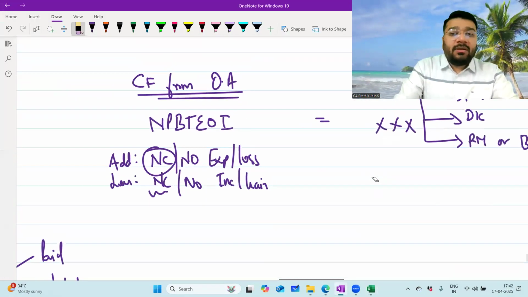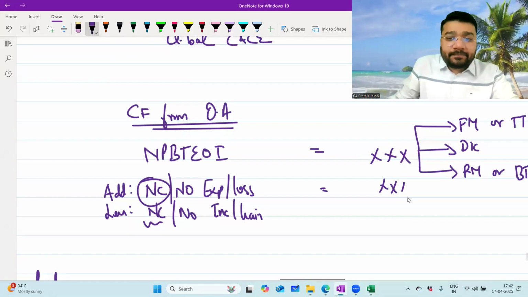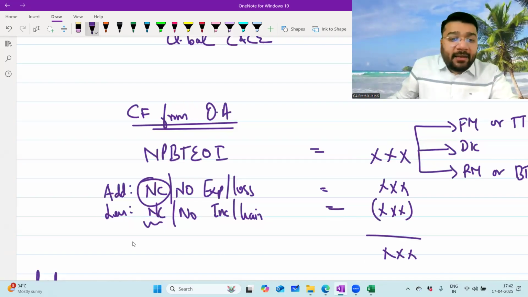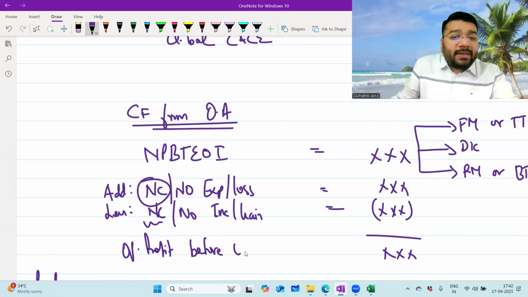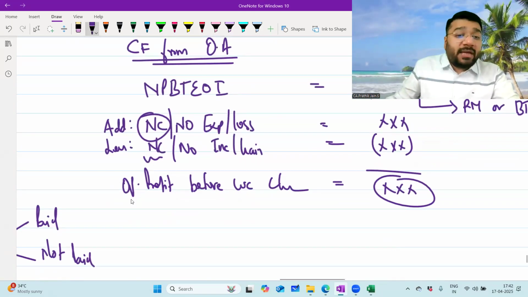Comfortable? Now, when I do this, what will I get? This is called operating profit before working capital changes, which means there is some more adulteration in this that has to be eliminated through segment 3. Segment 3 says what?